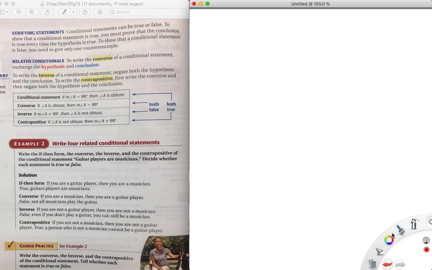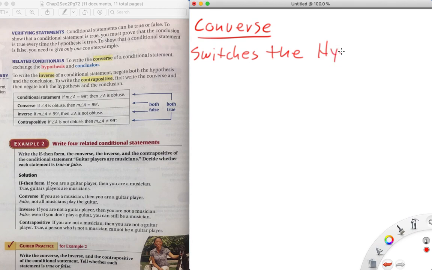So we have something called the converse, not the shoes. The converse switches the hypothesis and the conclusion.